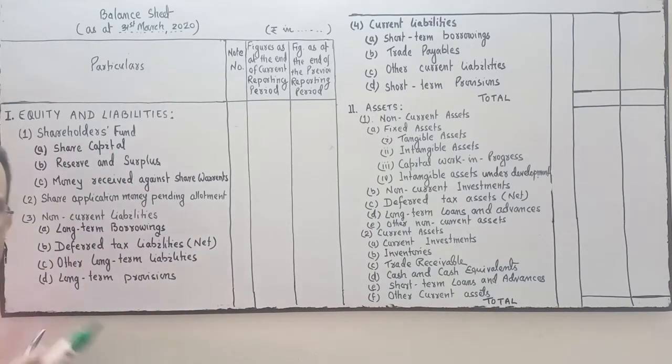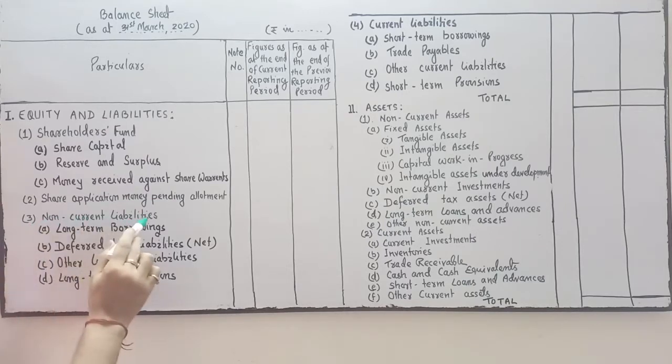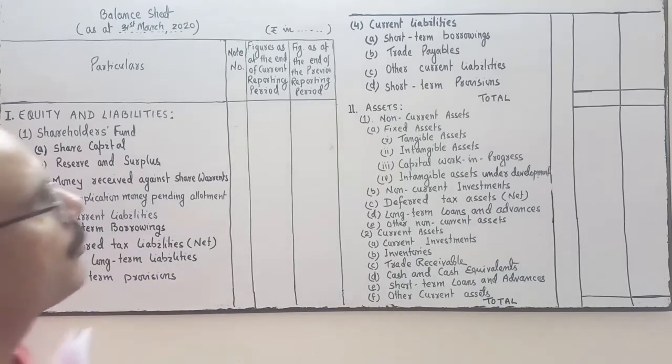Under the non-current liability, there are the 4 items. This is the main heading. Non-current liability is the main heading. Under this heading, the subheadings are long-term borrowings, deferred tax liability net, other long-term liabilities, and long-term provision.